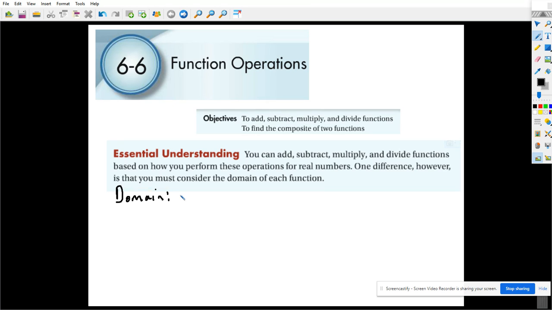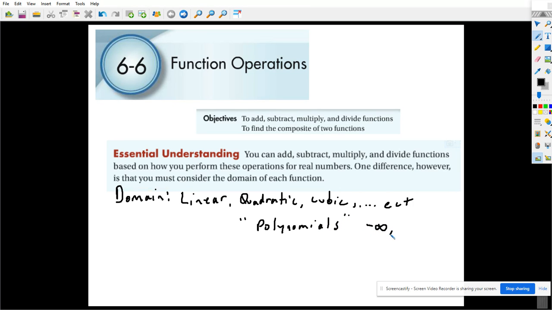Okay, the domain for linear or quadratic, cubic, the domain for any of these, which are just nothing more than polynomials, is always all real numbers. Is negative infinity to positive infinity in interval notation, or all reals.